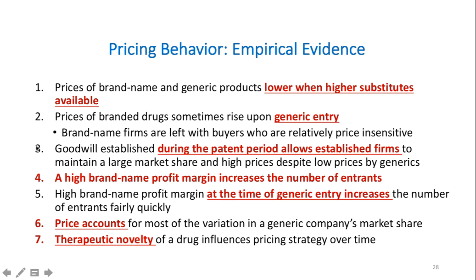The other piece of evidence says that the goodwill established for the first mover during the patent period can still stay even after the expiration of the patent.